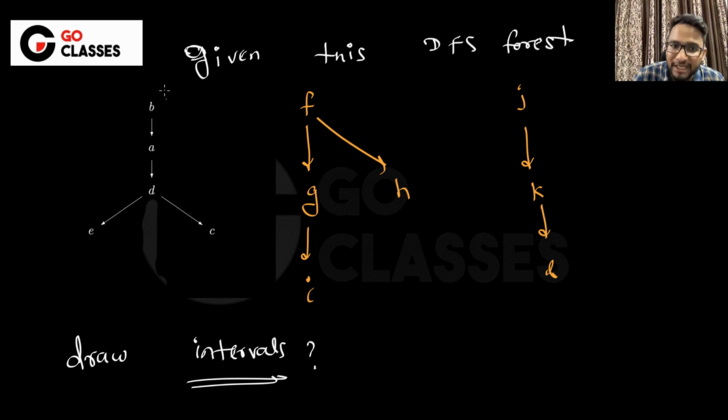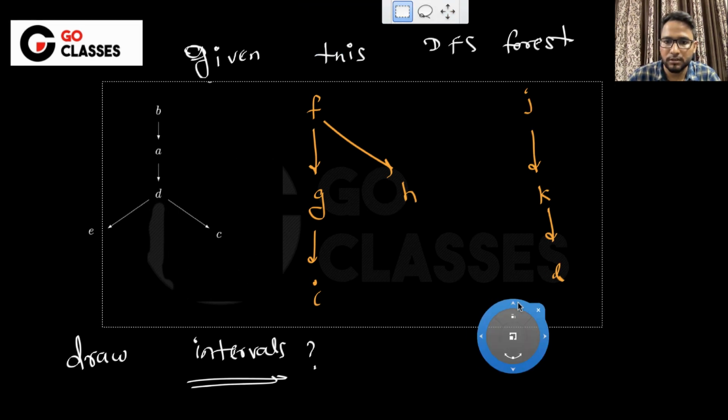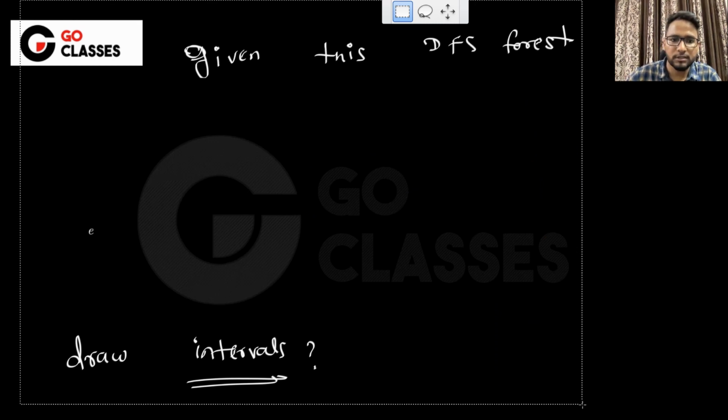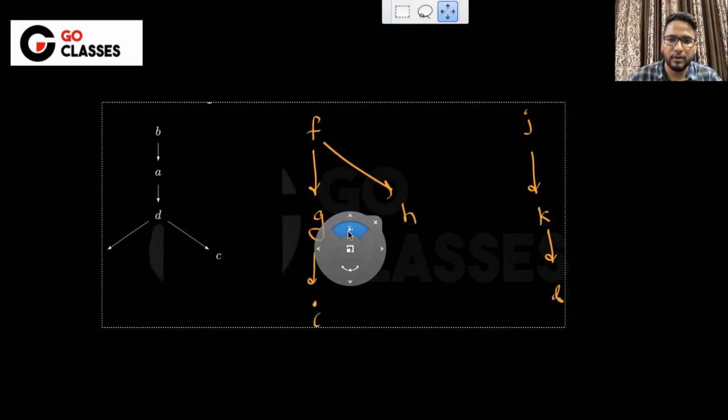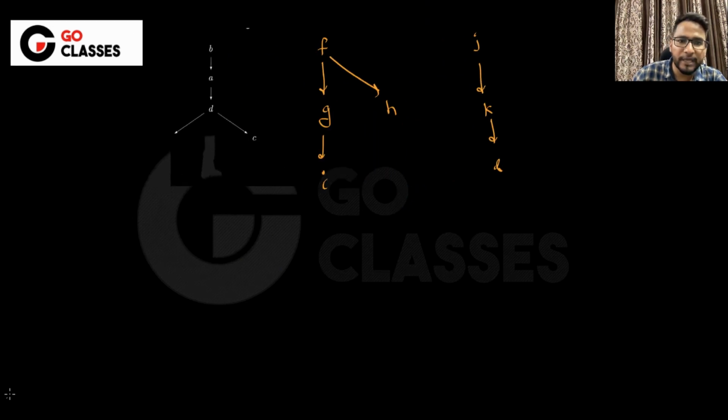You will say that B will be starting first. So let me go to the next page and solve this question. Let me minimize this and try solving it. B has the highest start time and finish time.